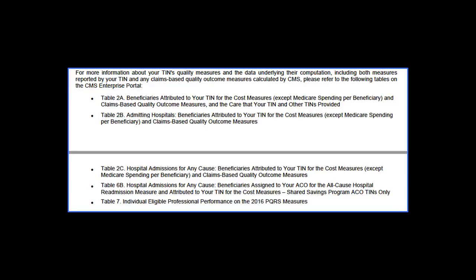Important in the quality composite score is the performance in the PQRS measures that those in the tax ID number submitted for the calendar year. So there are a variety of measures of performance that are accepted by CMS. So, for example, blood pressure control within a population, use of aspirin in patients with ischemic heart disease and the like.